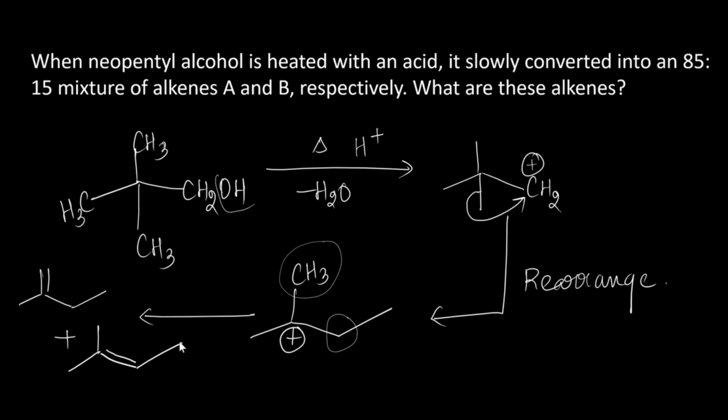So according to Saytzeff rule, which is major? The more substituted alkene will be the major product, which is 85, and this becomes 15. Check for the hydride shift, hydrogen possibility first, then go to methyl group. So the lightest element should move first.